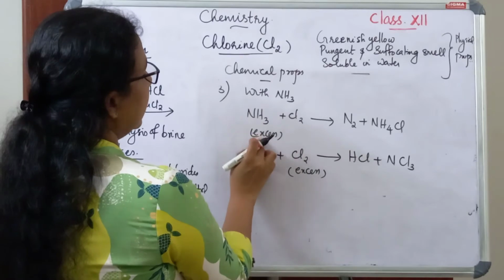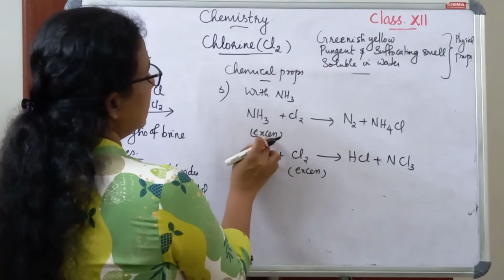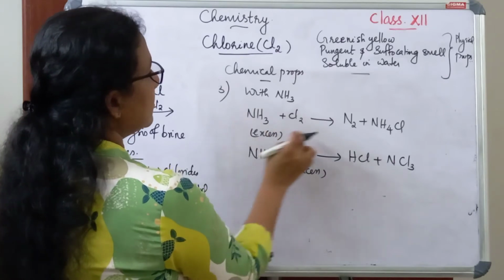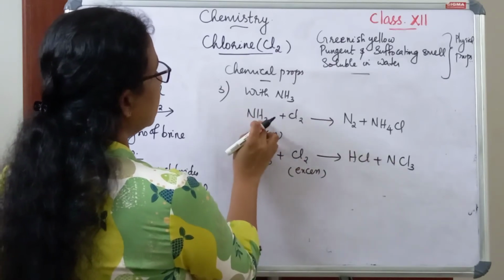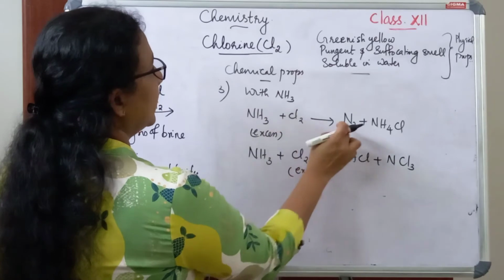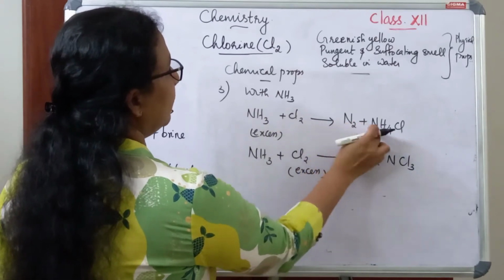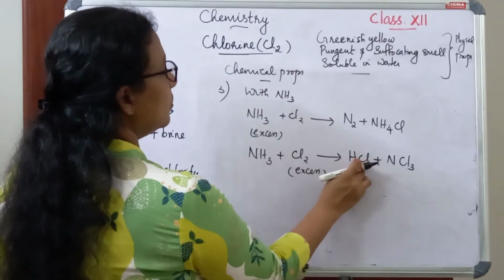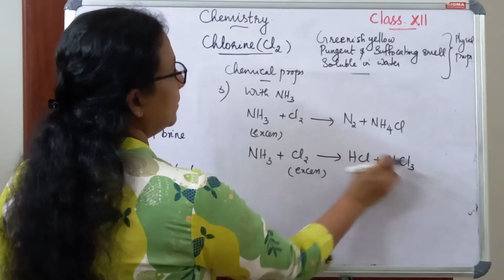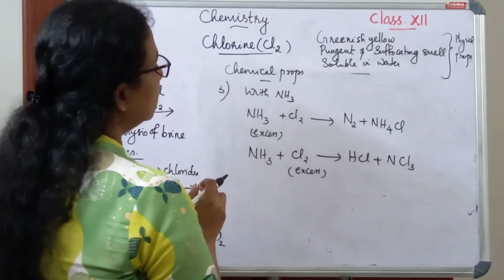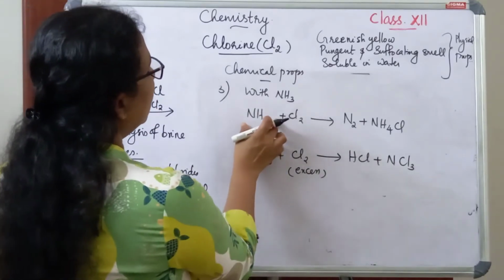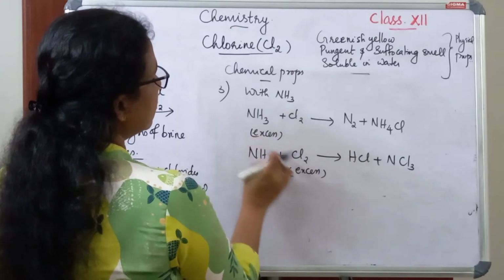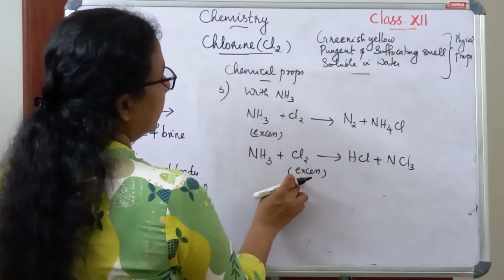In the first case NH3 will be taken in excess. Since ammonia is in excess, two nitrogen compounds will be formed. Here chlorine is taken in excess, so two chlorine compounds will be formed. In that way you can remember these two equations. Anyway, ammonia reacts with chlorine in two ways: one is ammonia in excess and the other one is chlorine in excess.